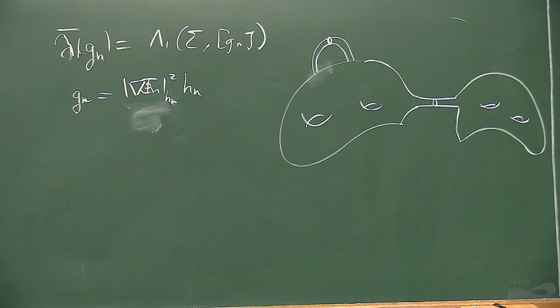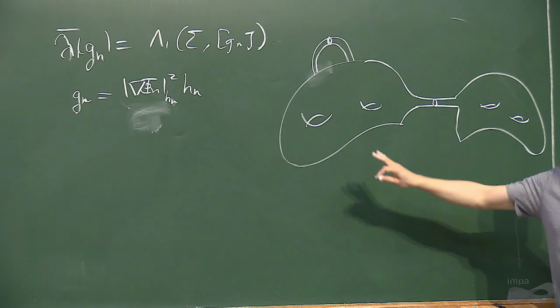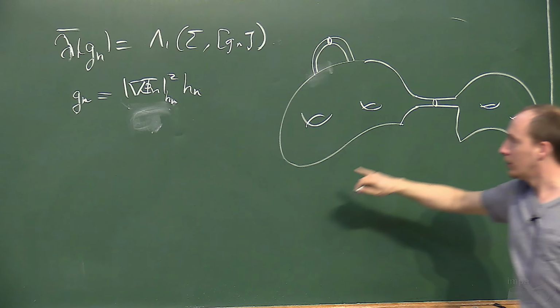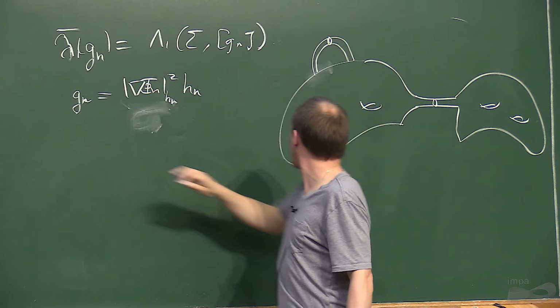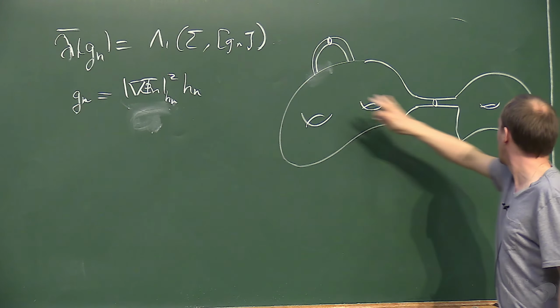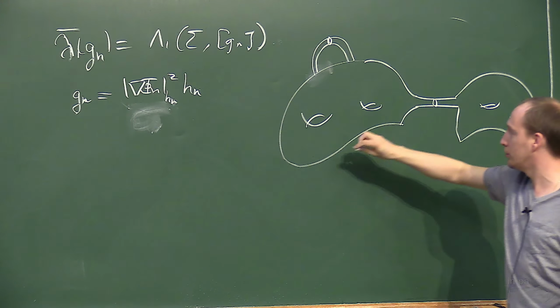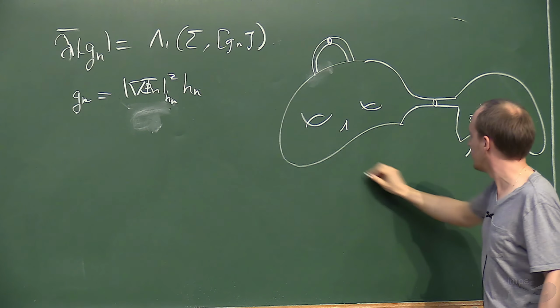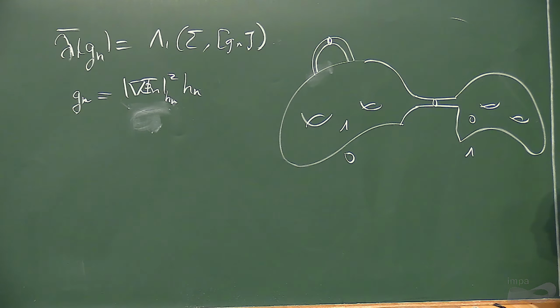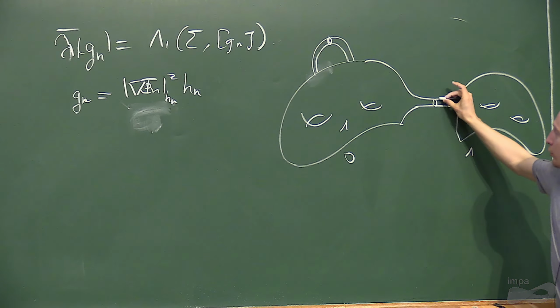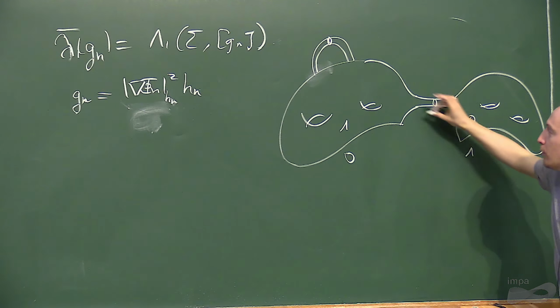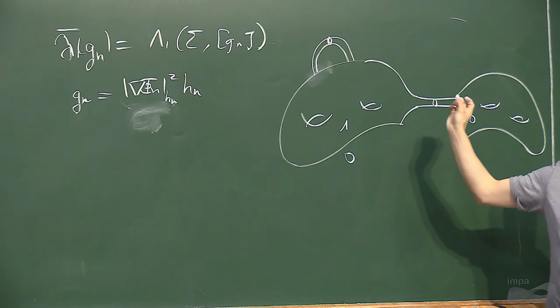Okay? And by test functions again, if you have collars like this, this means that you can have a thick part here and a thick part here in order to have test functions like this and prove that lambda 1 goes to 0. So it's not possible. So you cannot have non-compactness in the sense that you have a collar that disconnects the surface.